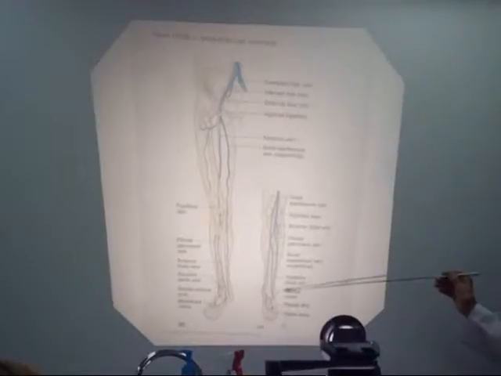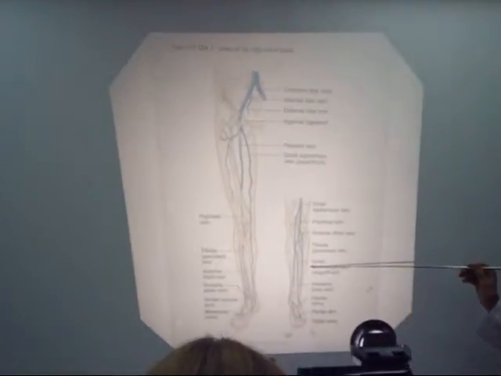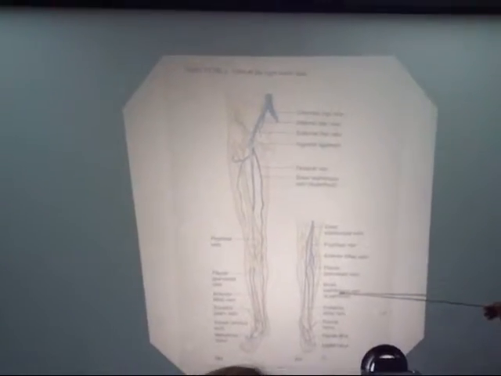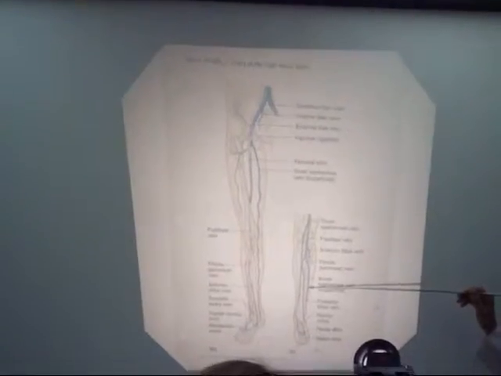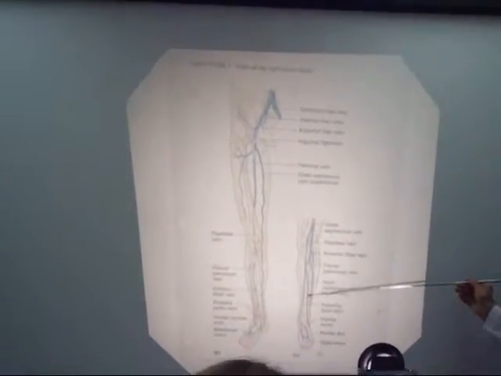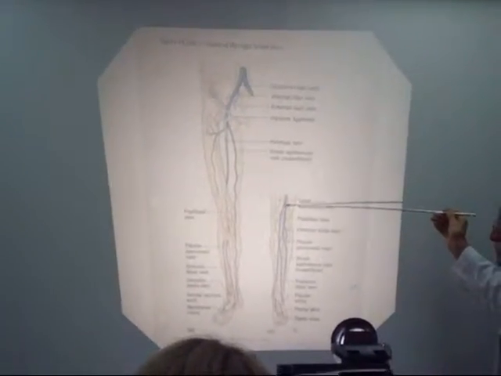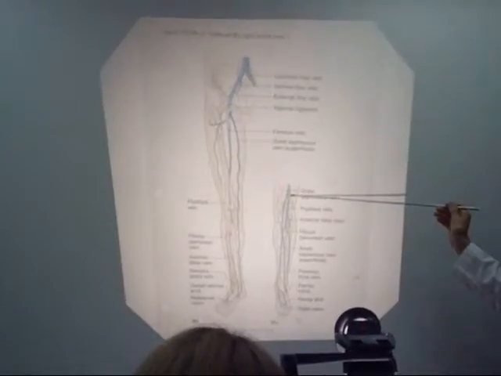So if we look at the posterior leg, we'll see that there is a superficial vein back here called the small saphenous vein. Sometimes it's called the lesser saphenous vein. It's running up the posterior leg like this, like this, like this, and it's going to join the femoral just above the knee, right here. So it's plunging deep right here.